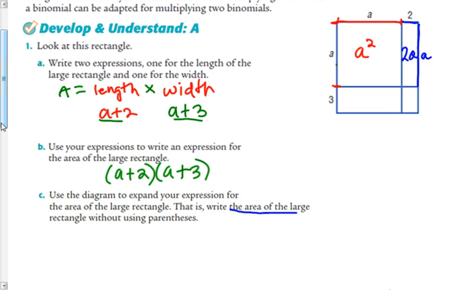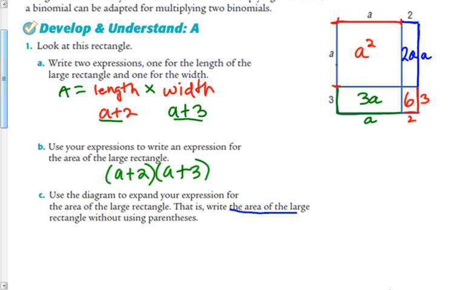Down on the bottom here, the length here is a, the width right there is 3, so 3 times a is length times width. And over here, this little part that's left over, the length right there is 2, and the width right there is 3. 2 times 3 is 6.